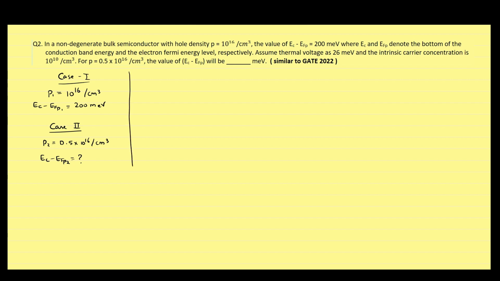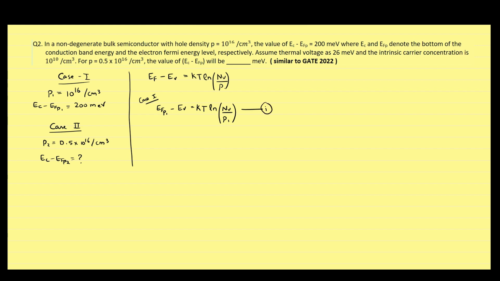We have a formula according to which Fermi energy level EF minus valence band energy level EV is equal to kT multiplied by natural logarithm NV divided by P, where NV is the effective density of states in the valence band and P is the hole concentration. Now for case 1, we have EFP1 minus EV equal to kT natural logarithm of NV divided by P1.